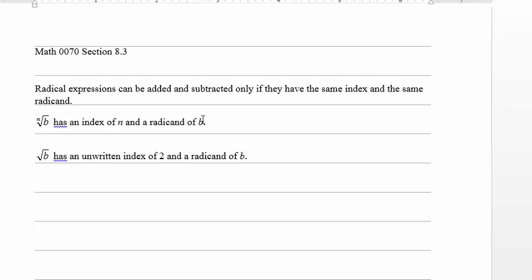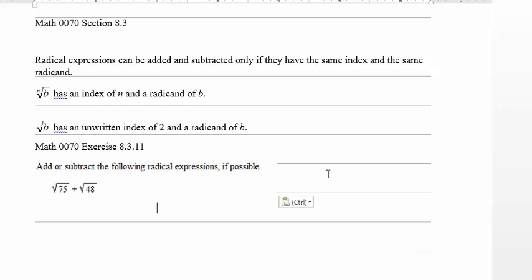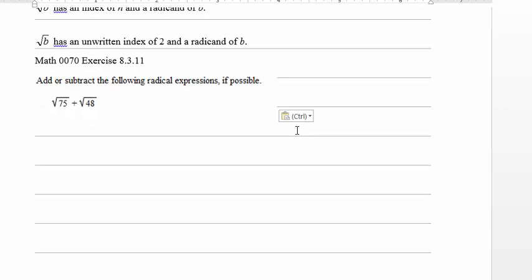So let's take a look at exercise 11 from this section 8.3, where we want to add or subtract the square root of 75 plus the square root of 48.